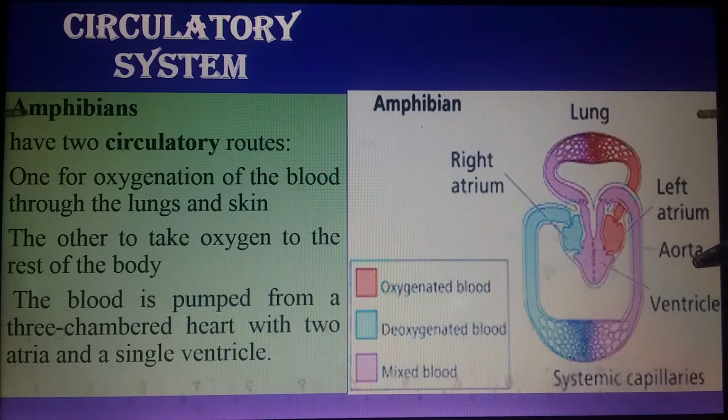Is it clear? You can see here the aorta, which carries the blood to all parts of the body. So these two circulatory routes are a two-way circuit. Is it clear? How many chambers of the heart? Three chambers. Two atria, one ventricle. Is it clear now? Okay.